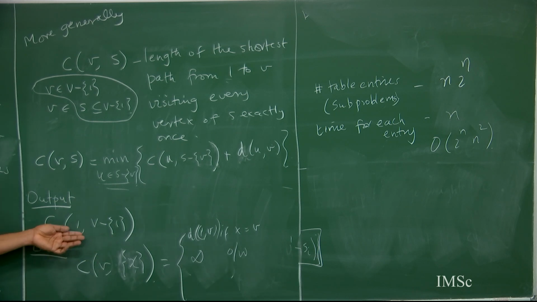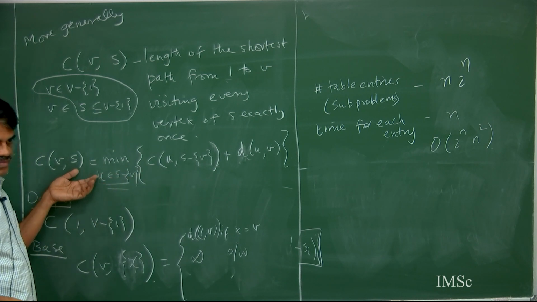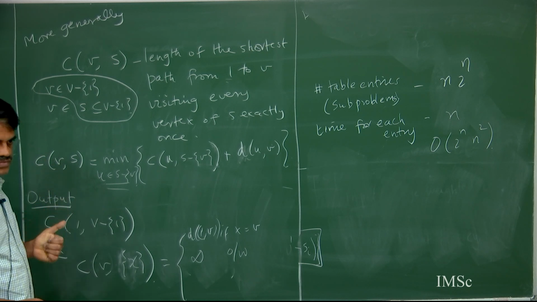So, if you find the u that minimizes it, that is the vertex before, and the one before that, because I am going to start at 1 and end at 1, and the one before that I will know from that variable. Then you compute C of V minus 1 ending at v, what is the one previous vertex, and that tells you u. So, you can get all the vertices, right. When you are computing this minimum, just remember the variable that realizes the minimum, right.